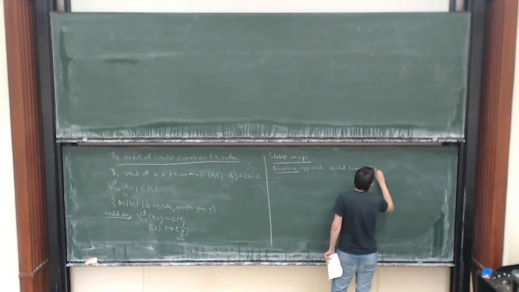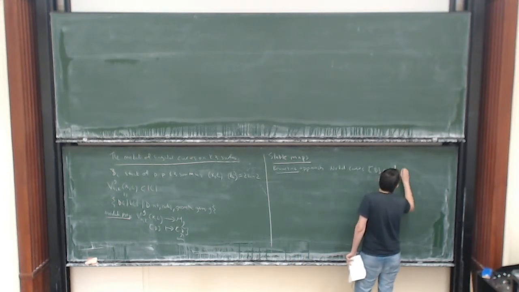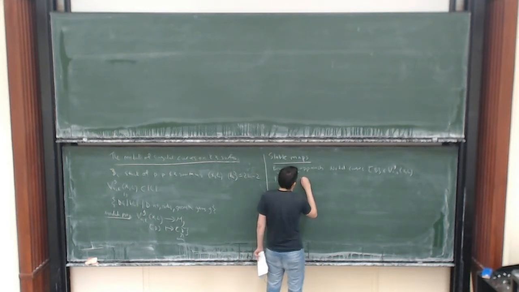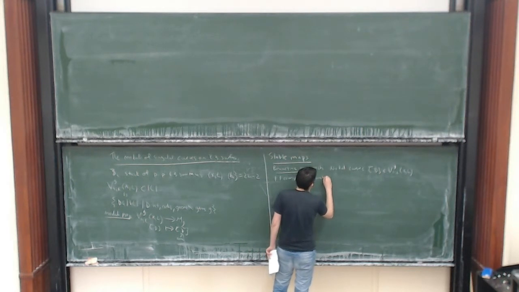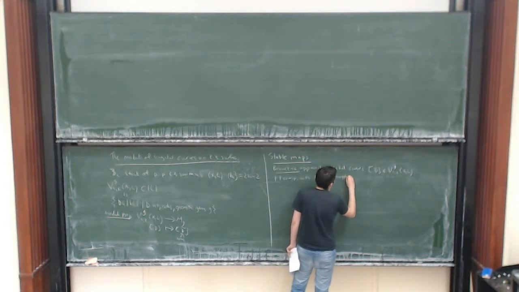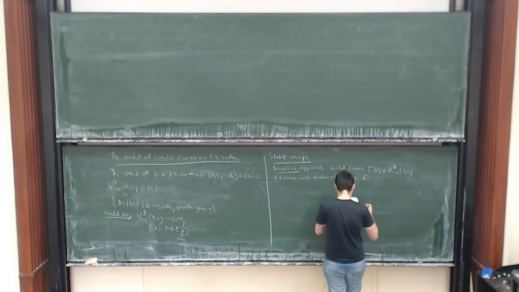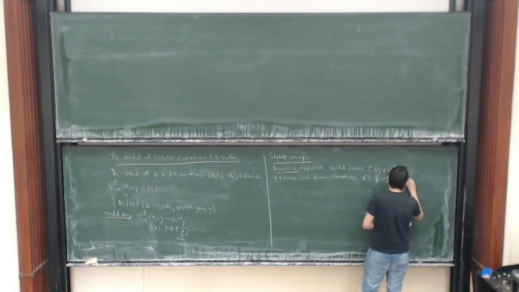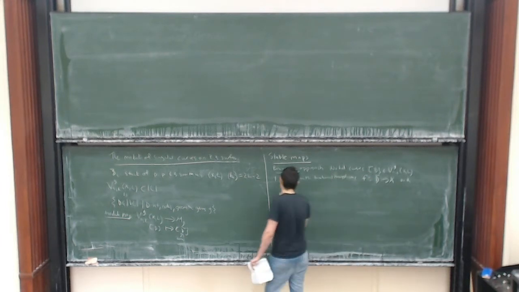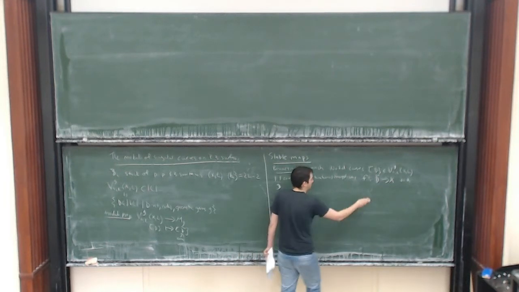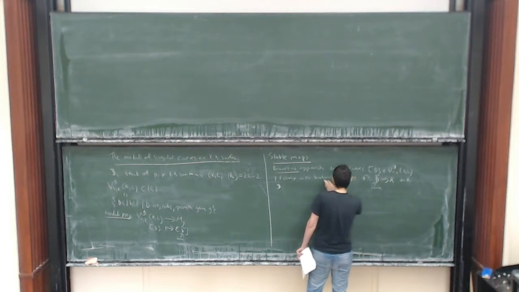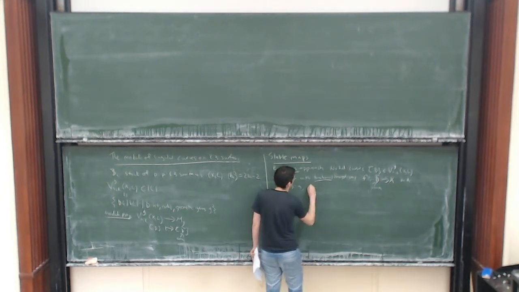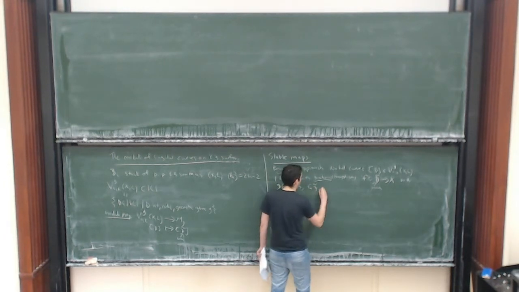So the nodal curves D are in one-to-one correspondence with birational maps f such that the geometric genus, so the source is smooth, the map is birational, and the genus of D is G, and the cycle f star D is KL.